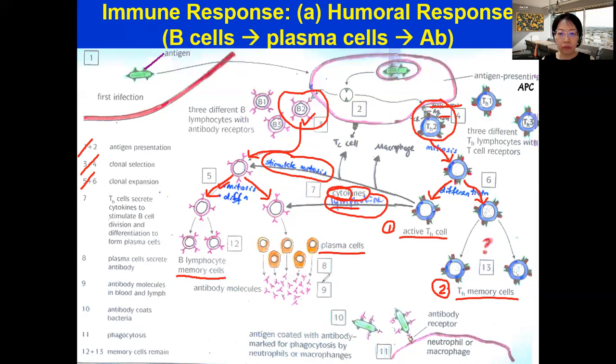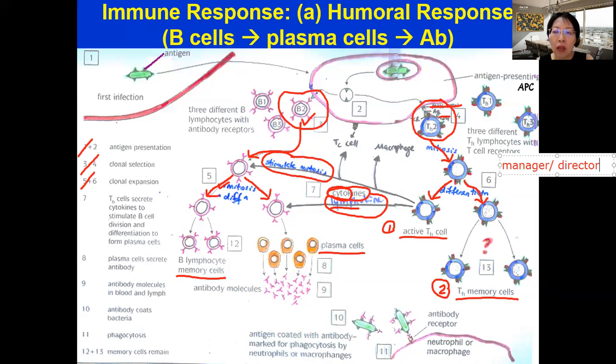Okay. So you ask me, teacher, why must the T helper cell undergo clonal expansion before B cells can? Then you have to know the role of the T helper cell. The T helper cell is like the manager, the director of our immune system. So this is the big boss.